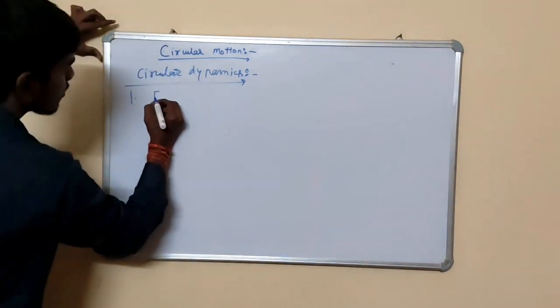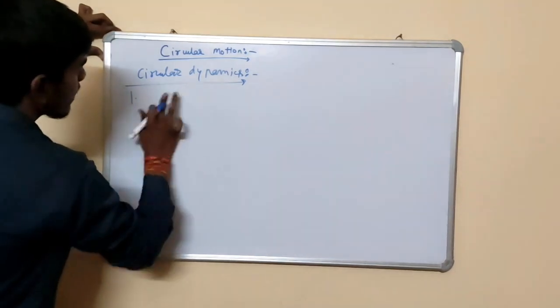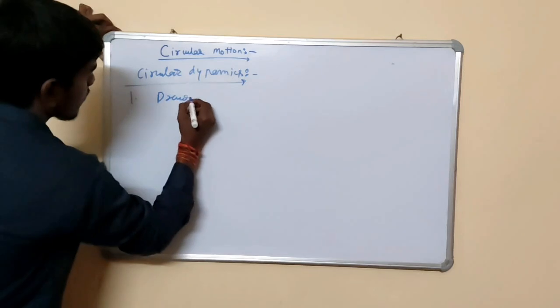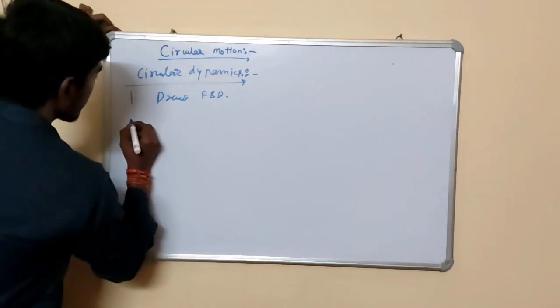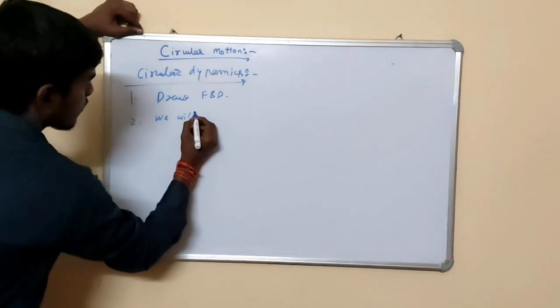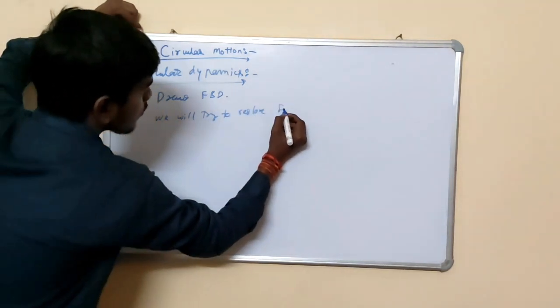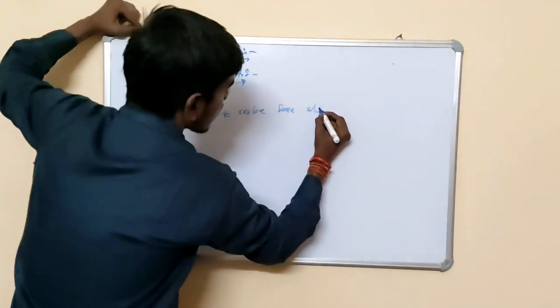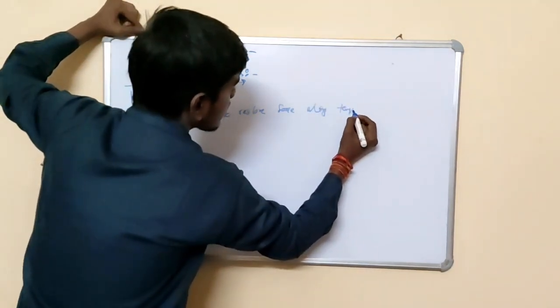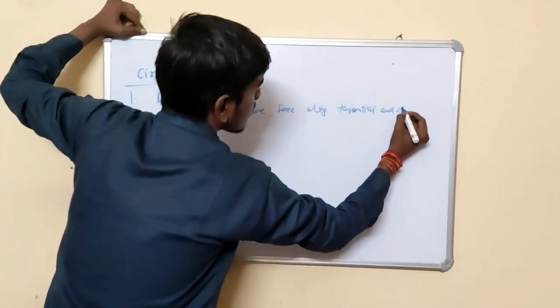First, we will draw the FBD. Second, we will resolve the force along the tangential direction and the radial direction.